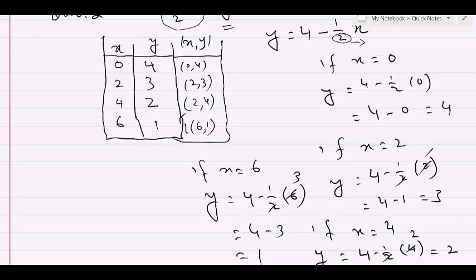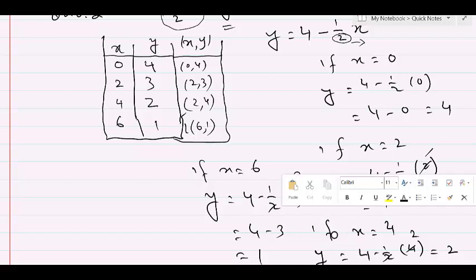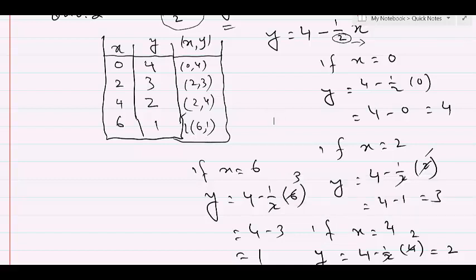And we have learned how to calculate the C value and M value from the table as well as from the equation. If we want to calculate the C value from the table of values, then what would the C value be? The C value is the value of y when x is equal to 0. So this is equal to 4. And what is the M value?